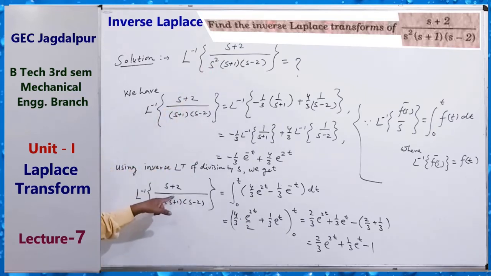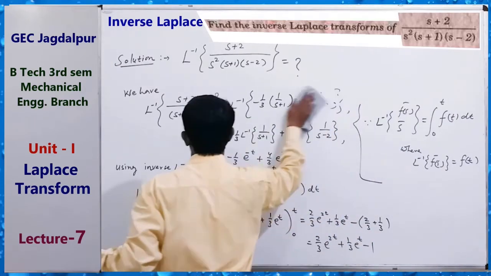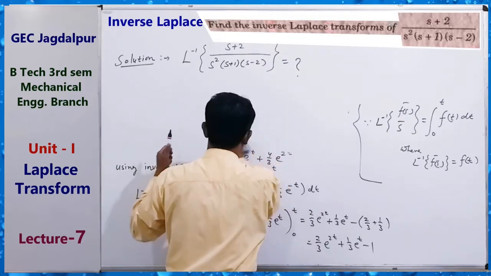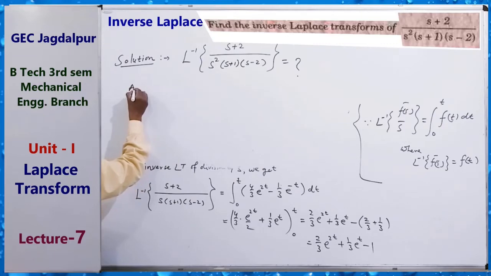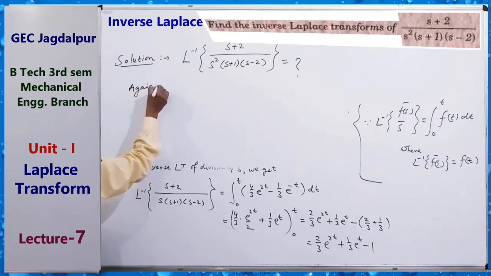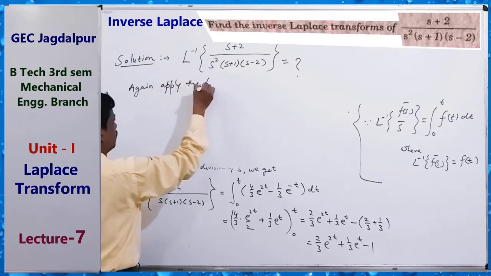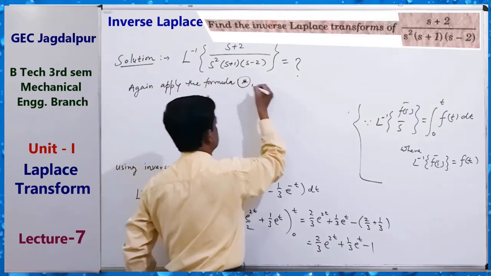Again divide this by s, so again apply this formula. Suppose this is a star.